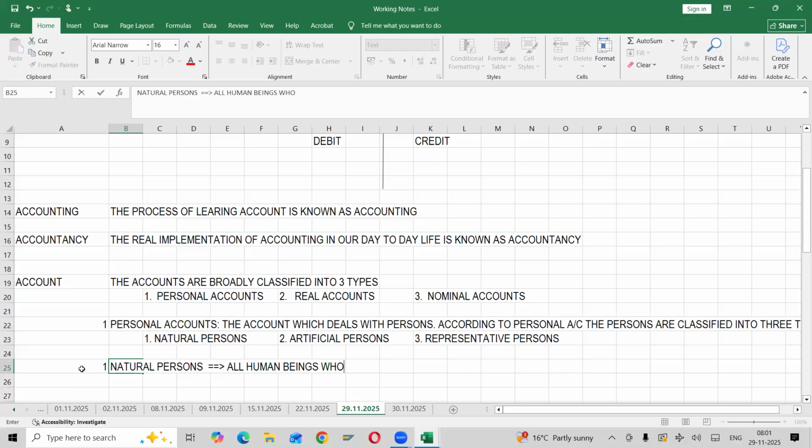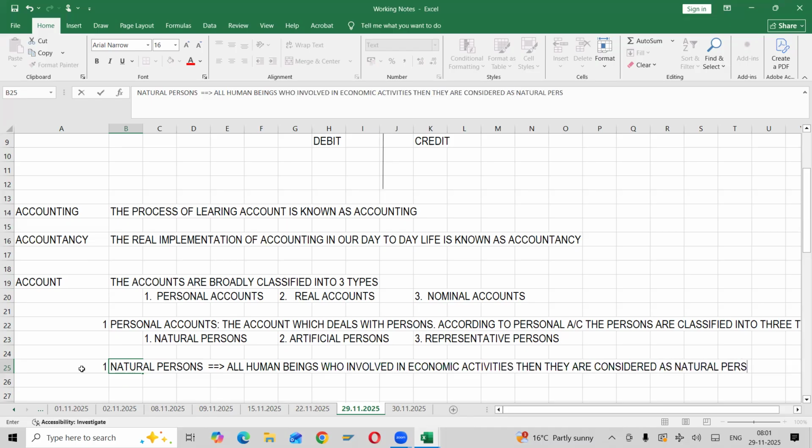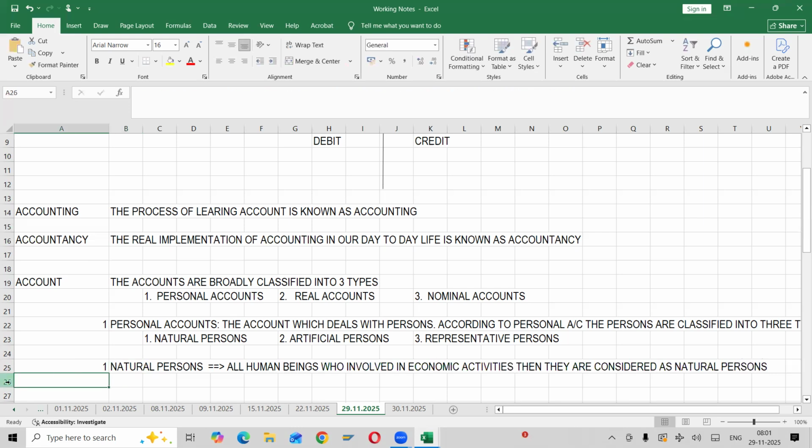All human beings who are involved, this is very important, in economic activities, meaning buying and selling, receipts and payments of cash or cash worth, are considered natural persons. Understood, right? Who is a natural person? All human beings.